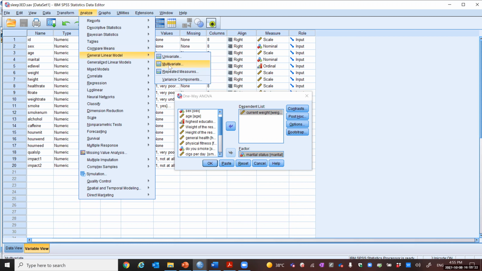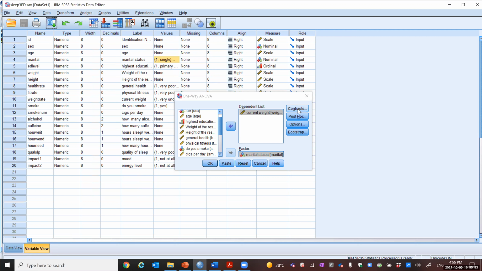So this is how you will use it from here. But we're not going to talk about it in this session; this just came to my mind and I thought I should tell you. If you have one categorical independent variable, you will use ANOVA. If you have more than one independent variable with more than 2 categories, you will use MANOVA, which is under General Linear Model, GLM, Multivariate.